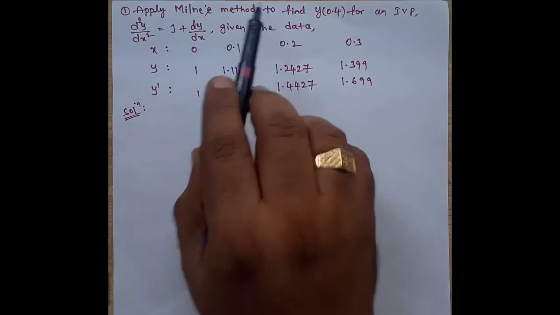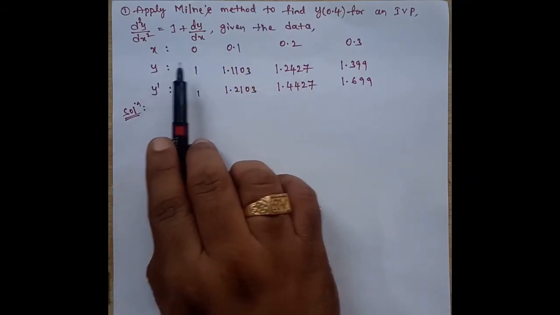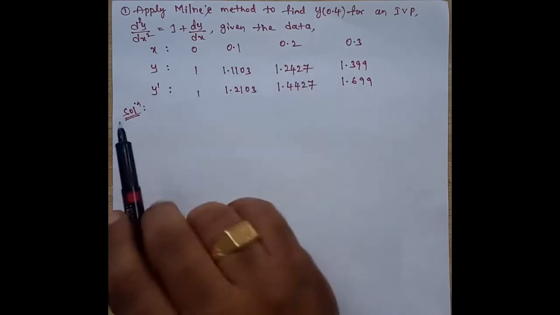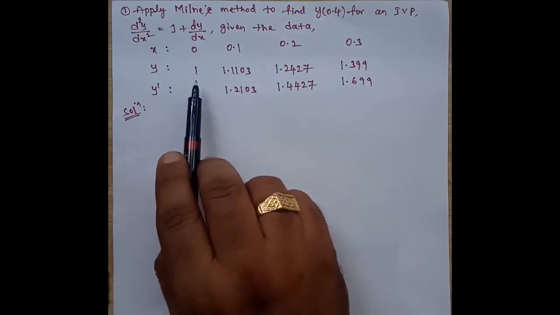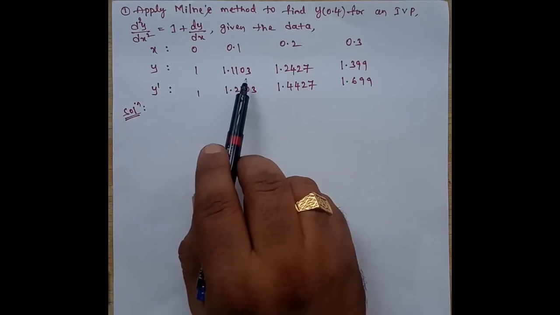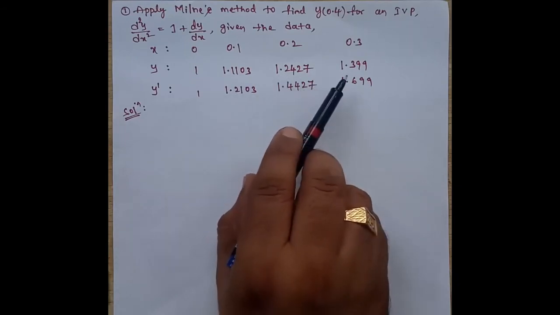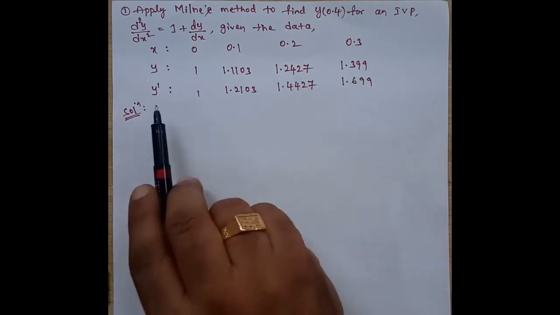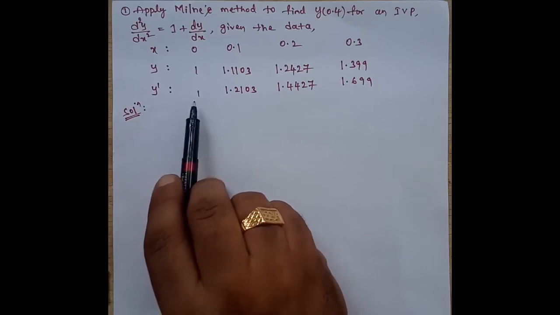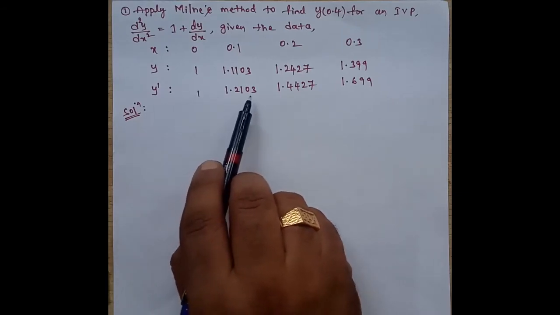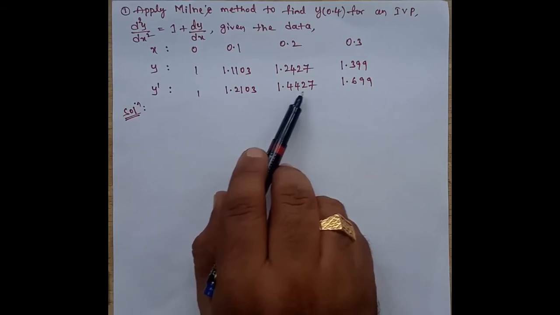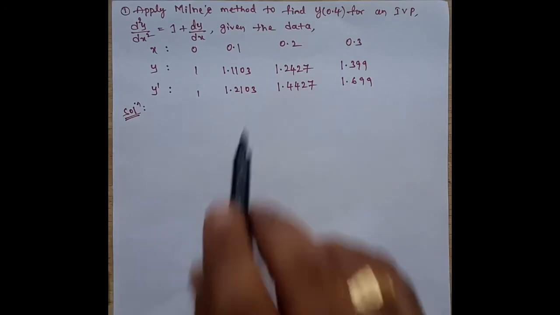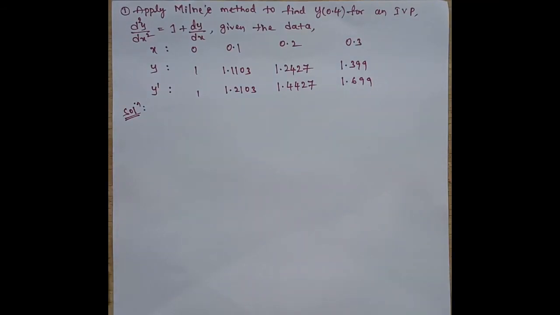Given the data, x values are 0, 0.1, 0.2, 0.3, y values are 1, 1.1103, 1.2427, 1.399. y dash values are 1, 1.2103, 1.4427, 1.699. So this is the data given. Let us see how to solve this problem by using Milne's predictor corrector formula.